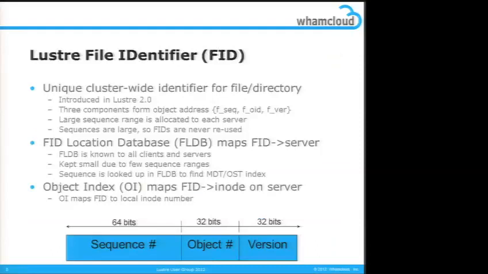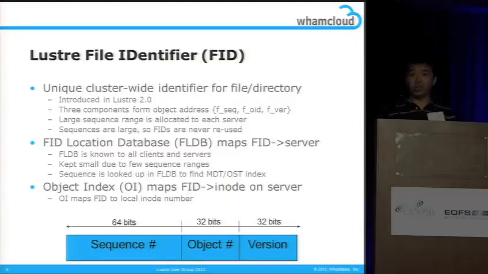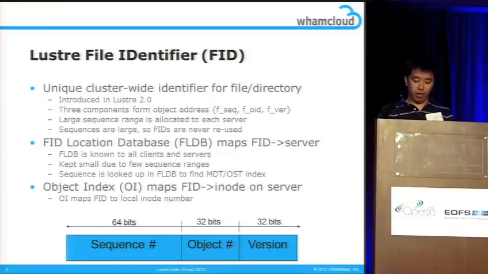Next, I will talk about how DNE is implemented in phase 1, but before that, there's a little background information: the FID. As you know, the FID was introduced in Lustre 2.0. Before 2.0, in 1.8 or 1.6, we used the MDS number to identify files and directories over the file system.